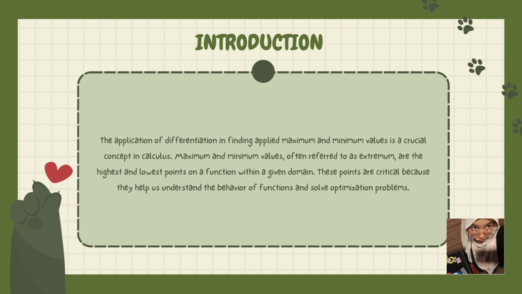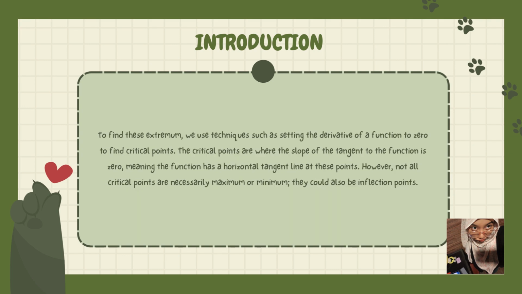To find these extremum, we use techniques such as setting the derivative of a function to zero to find critical points. The critical points are where the slope of the tangent to the function is zero, meaning the function has a horizontal tangent line at these points.